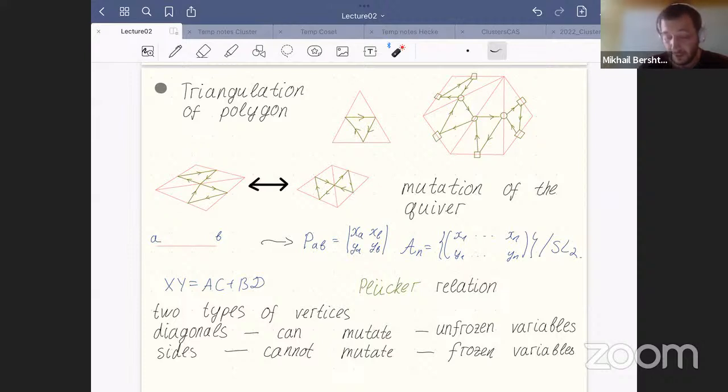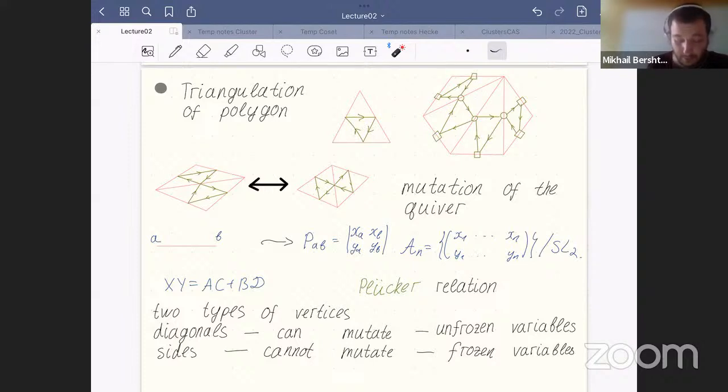I draw you a quiver, and I specify the variables. A flip of the triangulation is the following: if you have a square or rhombus, it can be divided into two triangles in two ways, and flipping the diagonal changes the triangulation and changes the quiver. The observation is that this change is actually the mutation of the quiver.